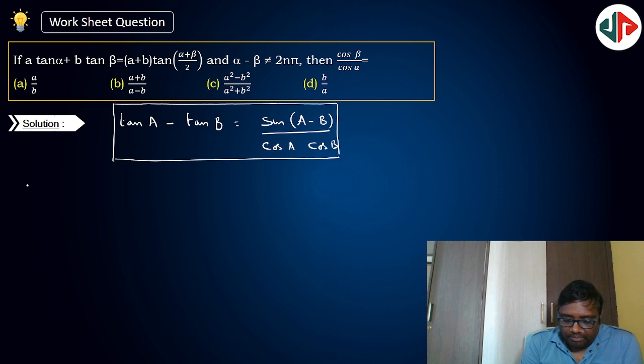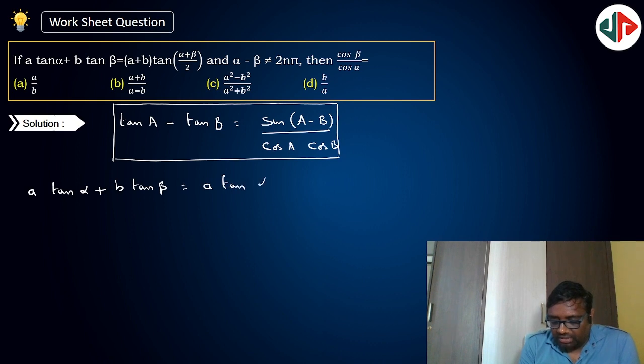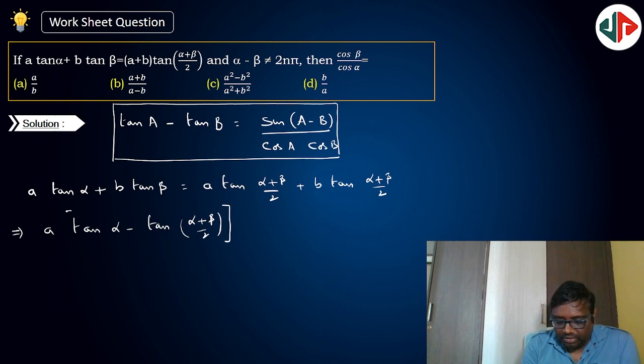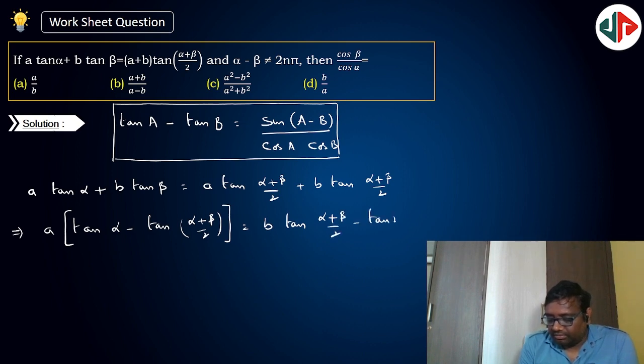So by using this formula, the given statement, that means A times tan alpha plus B times tan beta is equal to A times tan of alpha plus beta by 2 plus B times tan of alpha plus beta by 2. Now I am rewriting this as A times tan alpha minus tan of alpha plus beta by 2 is equal to B times tan of alpha plus beta by 2 minus tan beta.